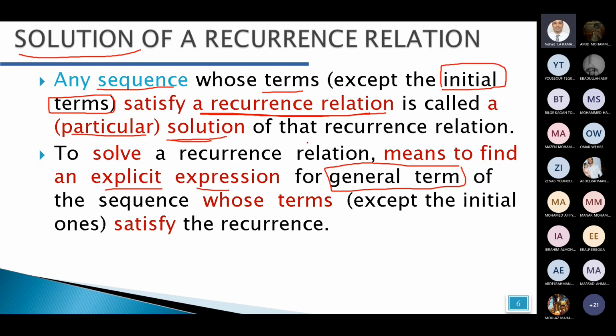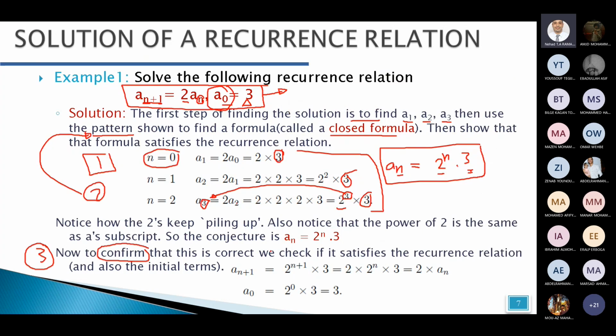What does that mean? It means we will apply this general term to the recurrence relation to see if it satisfies it or not. If it satisfies it, then it's correct, but this is not enough, because it has to satisfy the recurrence relation and also the initial term.